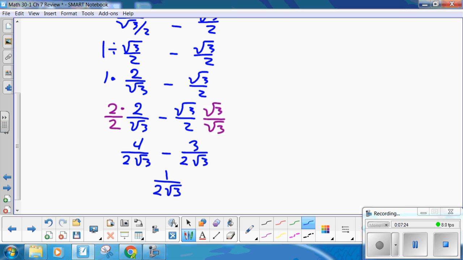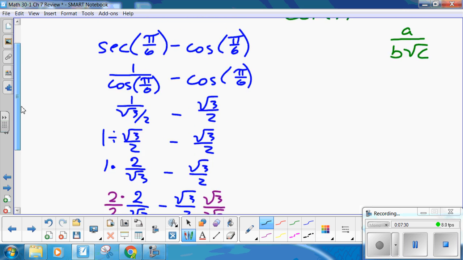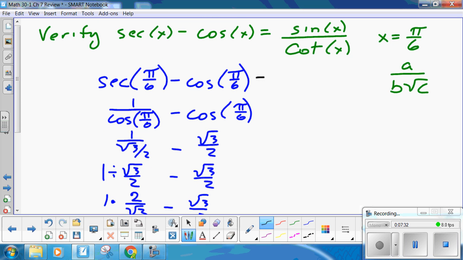Now, I want you to pause the tape, and I want you to go back and try the right side. That is sine of pi over 6 divided by cotangent pi over 6. You should get the same answer. So pause the recording, come back, and we'll check our answers. Welcome back.